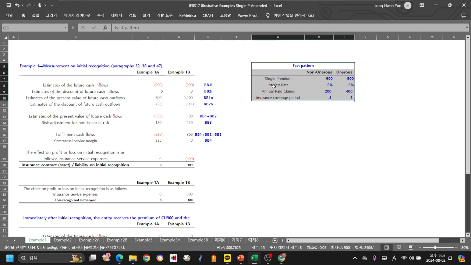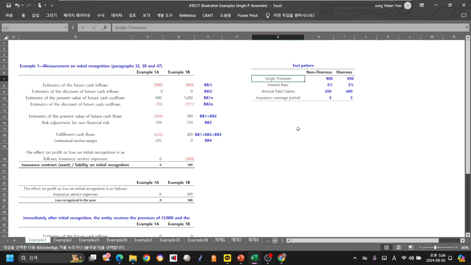So we assume here 100 individual contracts altogether, and we have already done the onerous test to distinguish the non-onerous group of contracts and the onerous group of contracts, but they have the same single premium paid.